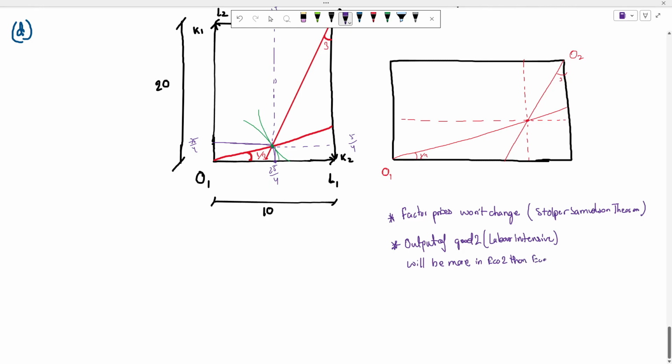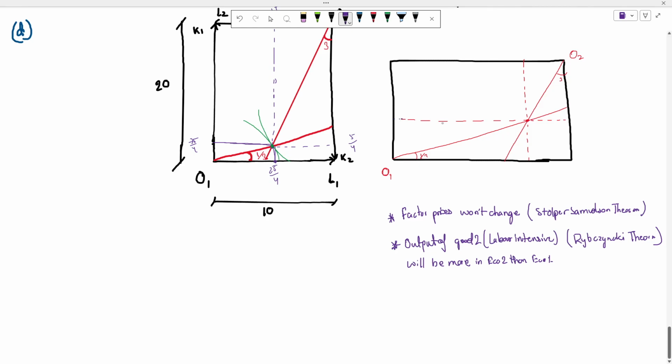Why? Because of the Rybczynski theorem. I'm guessing I'm spelling this wrong, but this is the Rybczynski theorem, right? And how does the factor use change?